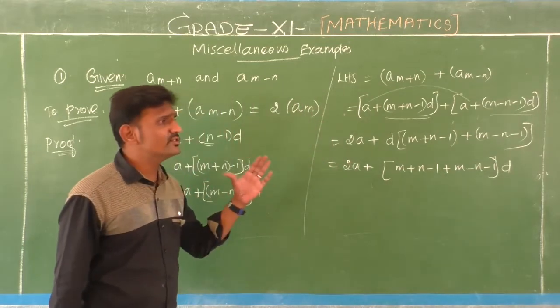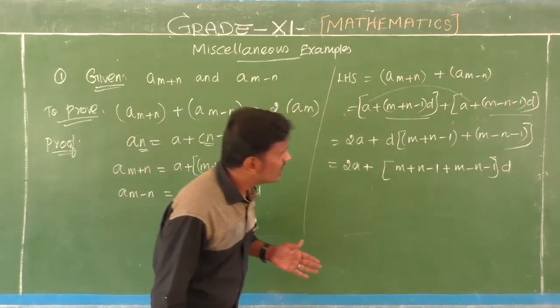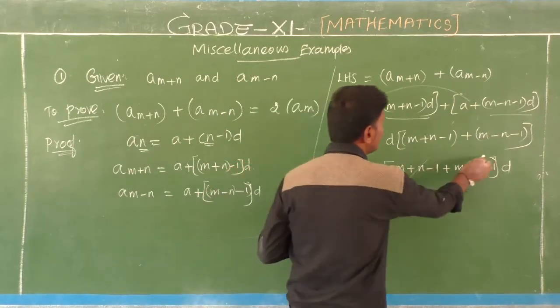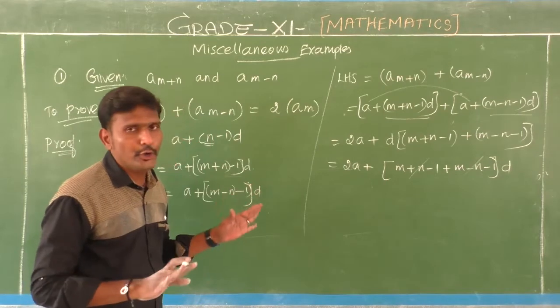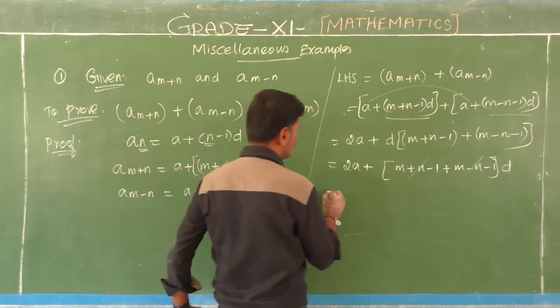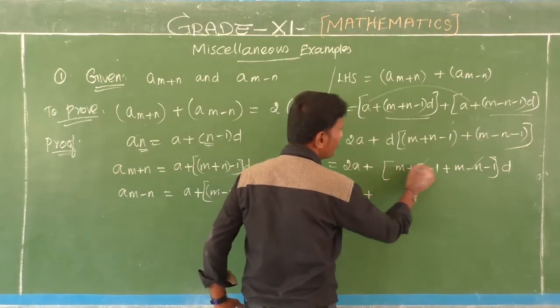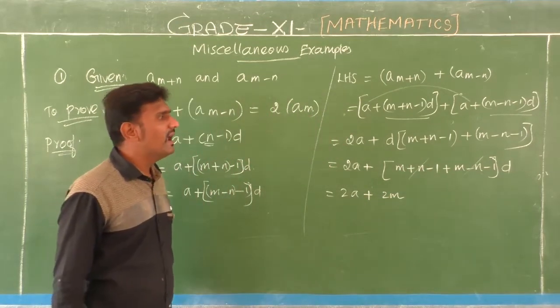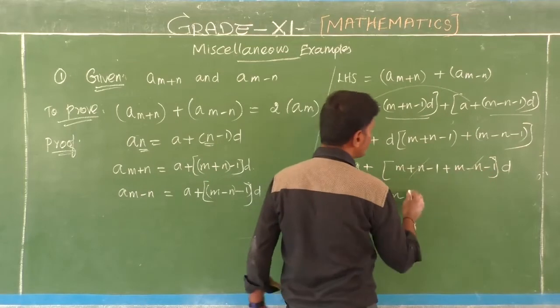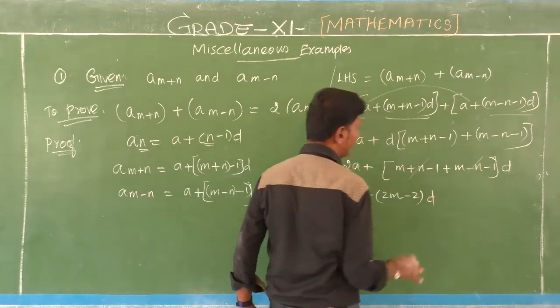Now look at the terms. What are cancelled here? Plus n and minus n are both cancelled. Is there any other term cancelled? No. Now I am going to add this: 2a plus, m plus m is 2m, and minus 1 minus 1 is minus 2, into d.